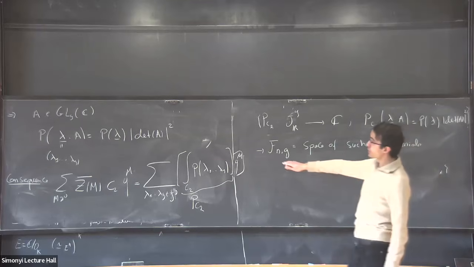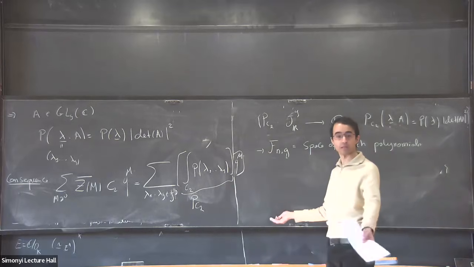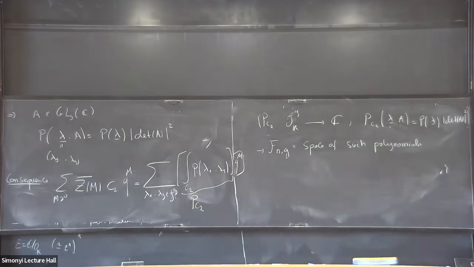N refers to the dimension of M, and G is how many copies of M I am taking. The space of all these polynomials, in fact, is finite dimensional. As you can see, this homogeneity condition imposes finite dimensionality. In fact, its dimension is N choose G squared, by computation.